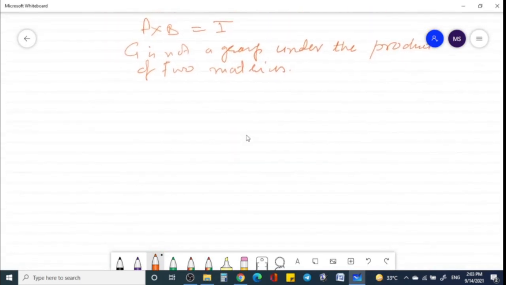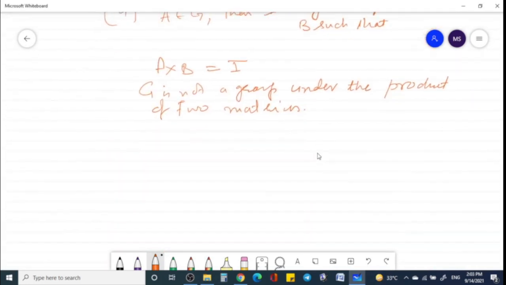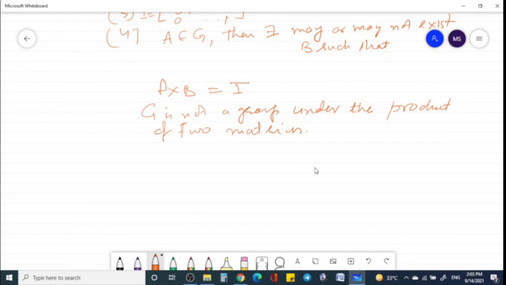So we have studied some examples. Now we learn a property of the identity element and inverse element of a group. So this is a lemma, you can say, a result.